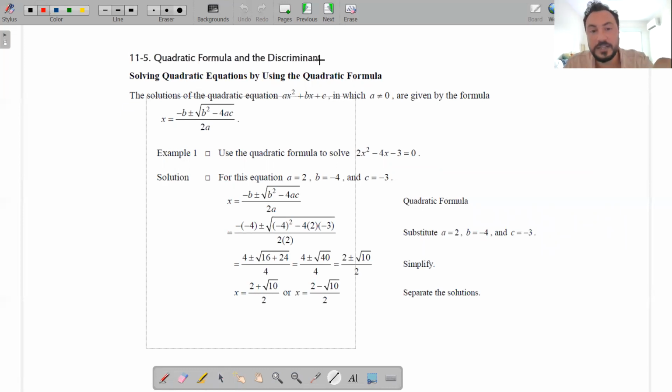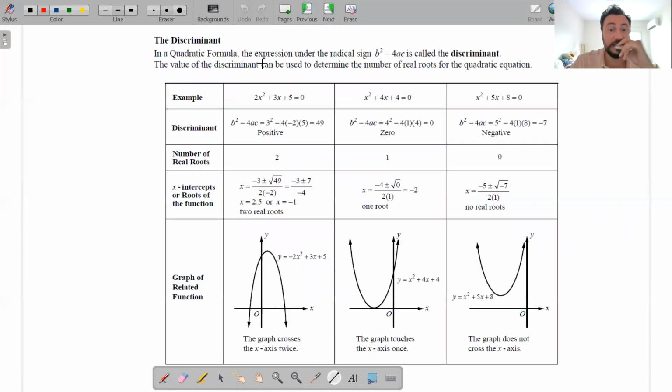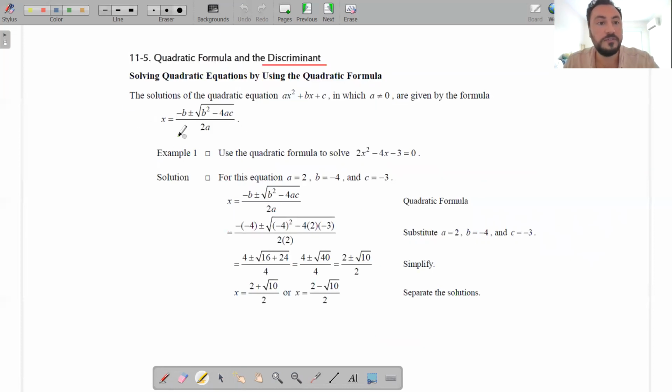The discriminant is information that some SAT questions can ask you, and it is related to how many roots, how many zeros, how many x-intercepts you can have. So when you find your discriminant, what you calculate is whatever is inside the square root of your quadratic formula.